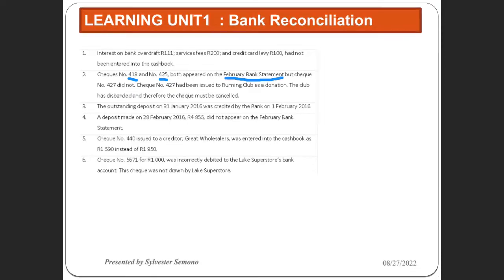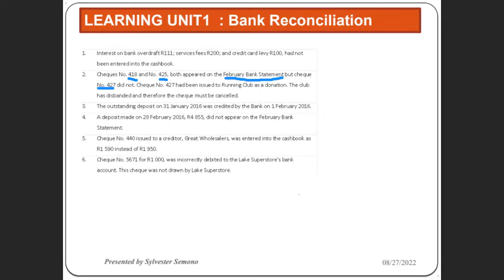Can you see now? And then they say but check number 427 did not. And check number 427 has been issued to a running club as a donation, and the club has disbanded, and therefore the check must be cancelled.